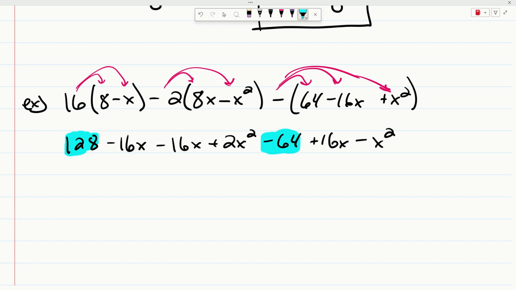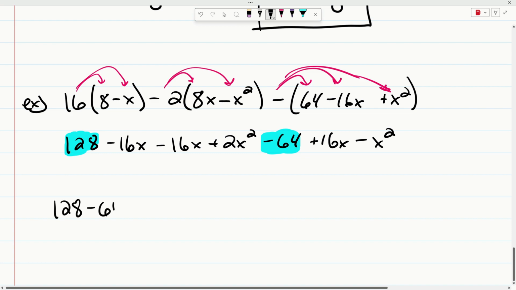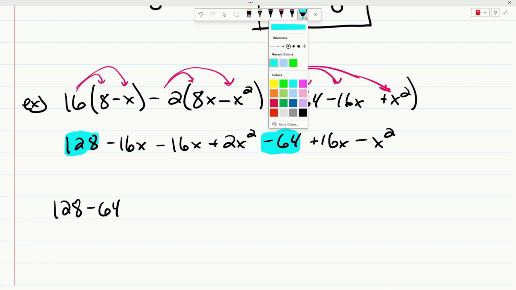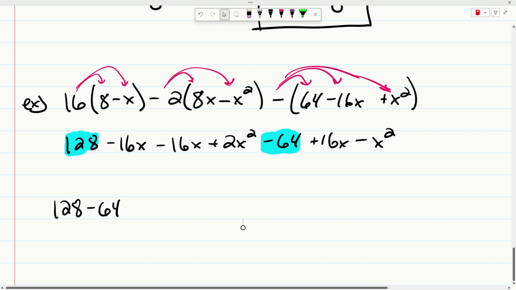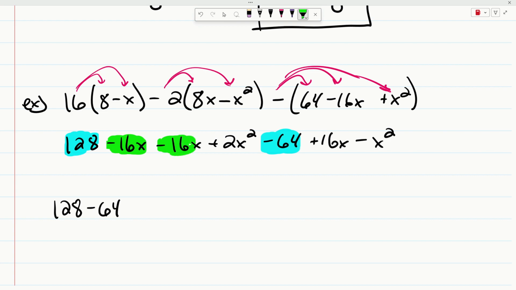Those are constant terms, so I'm going to combine them. If you want, you can go ahead and rewrite them right next to each other. Now, the next thing I'm going to look for are going to be x to the first terms. So, negative 16x to the first, minus 16x to the first, plus 16x to the first. So they are all like terms.